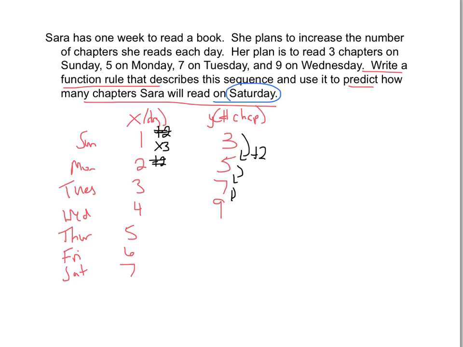Well, at the same time, if I do 1 times 3, that's 3. But if I do 2 times 3, that would be 6, which also doesn't work. And that's where looking at the common difference over here, which is plus 2, can help. When we're looking at that, the common difference is often multiplied by our number here.